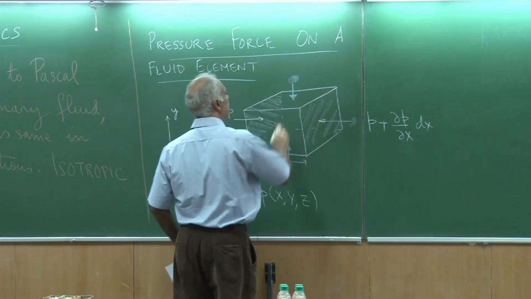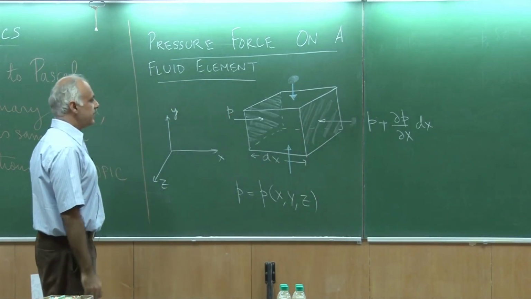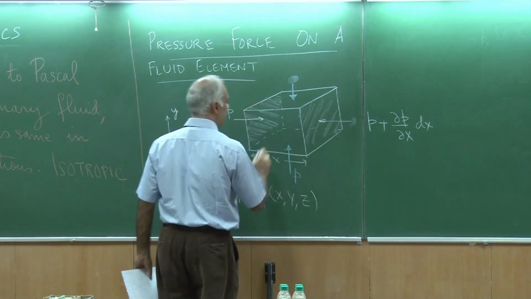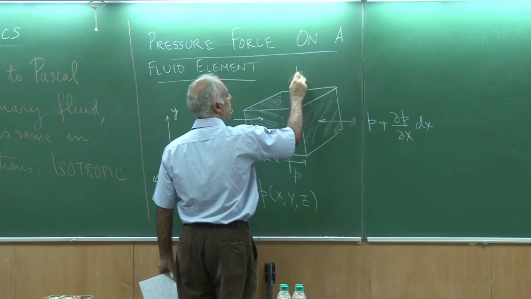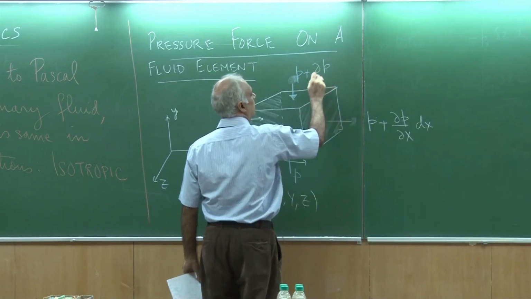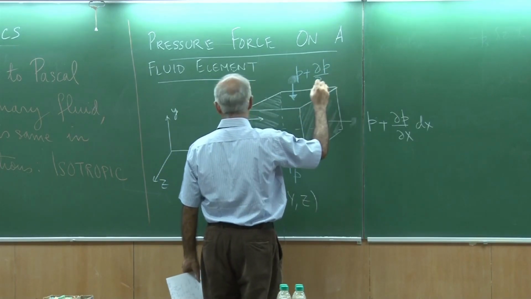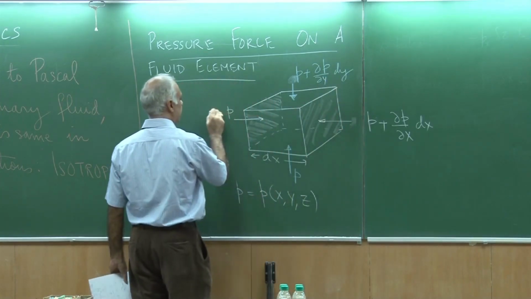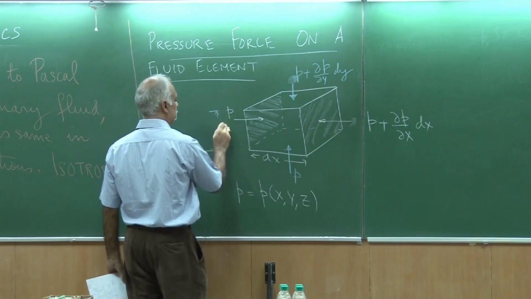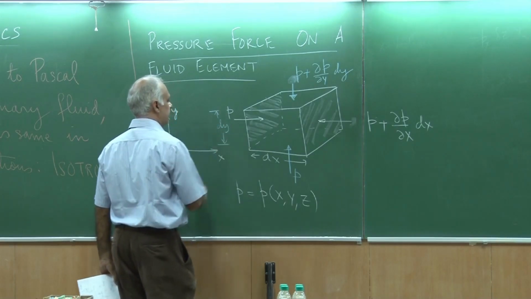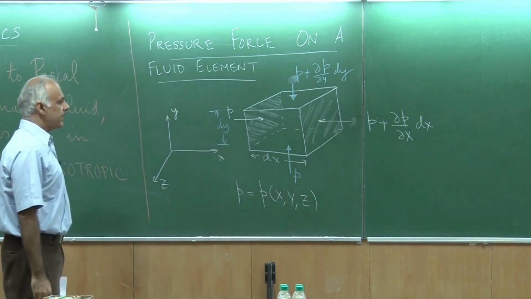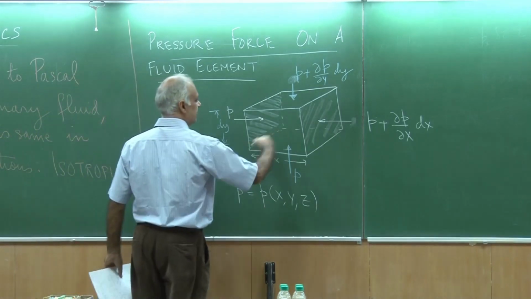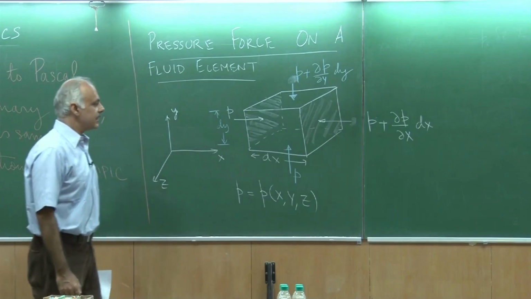Pressure acts on the surface. So this pressure would be P, and this one I would like to call P plus del P by del y times dy, where this length is dy. And likewise I could do for the z direction, which is of course in this direction, but I will not clutter the figure.